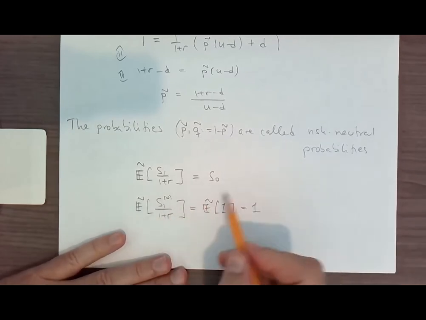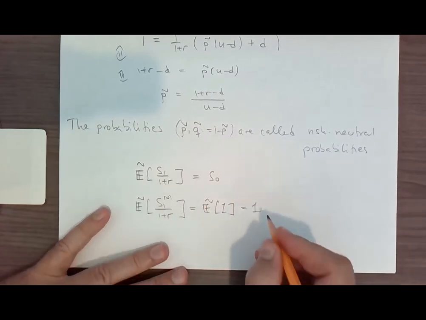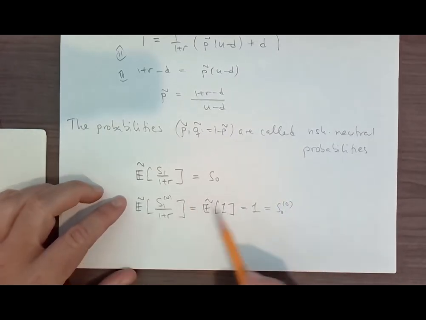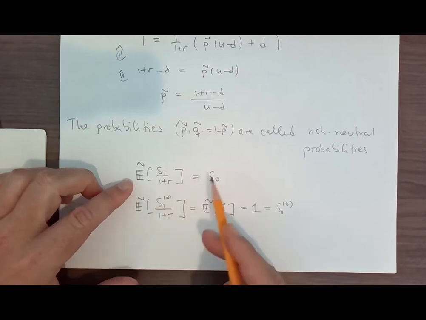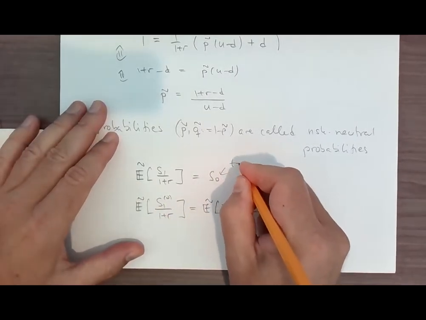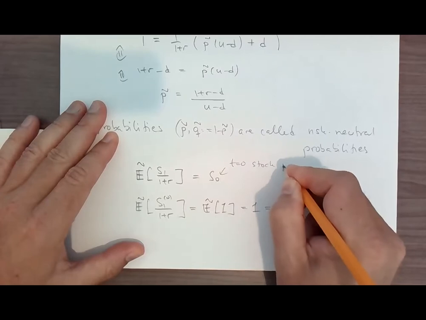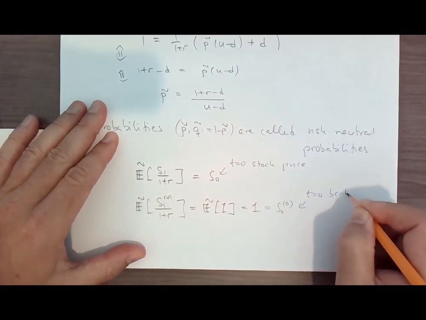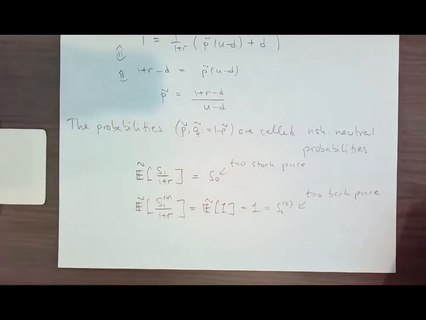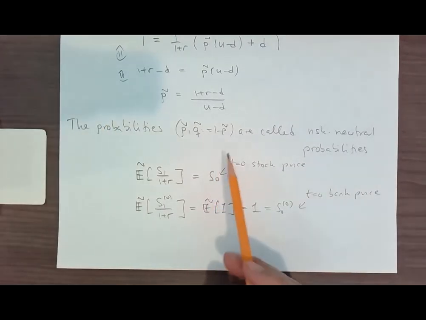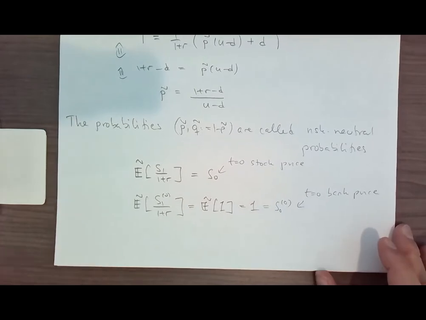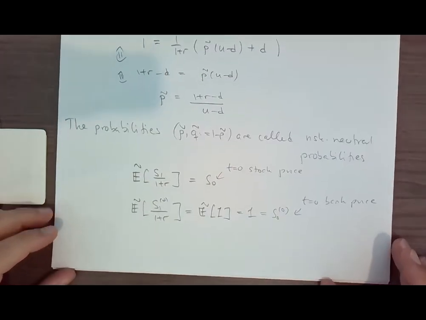And so you grow at the same rate. This here is the initial value of the bank account. This here is the initial value of the stock, right? This is the time 0 stock value. And this one here is the time 0 bank price. And so under these probabilities, these two price processes are expected to grow the same.